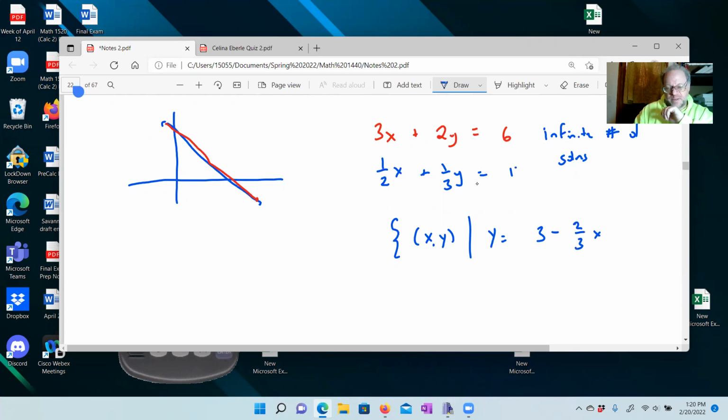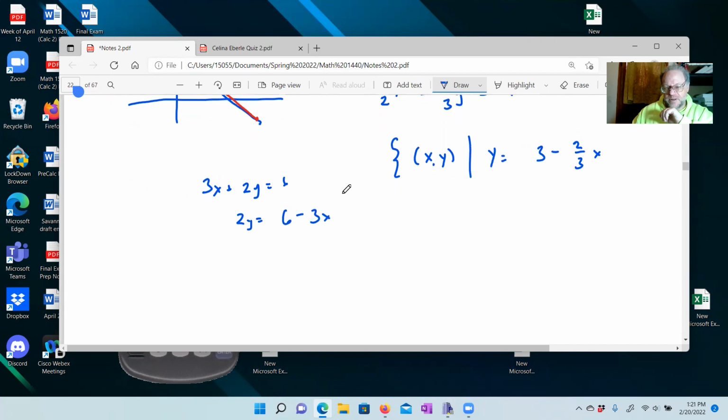And all I did was say, well, 3x plus 2y is equal to 6. 2y is equal to 6 minus 3x, and then we change that, so y is equal to 6 over 2 minus 3 over 2 x. I anticipated wrong, so this is 3/2 x. And go with that as our solution space.